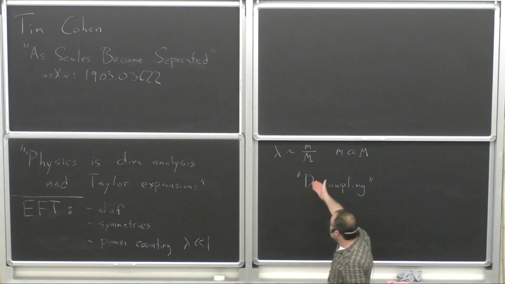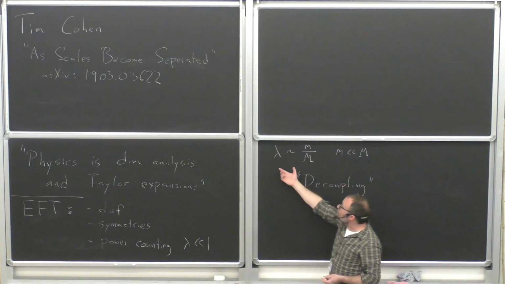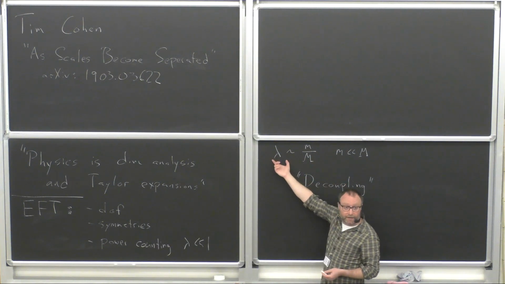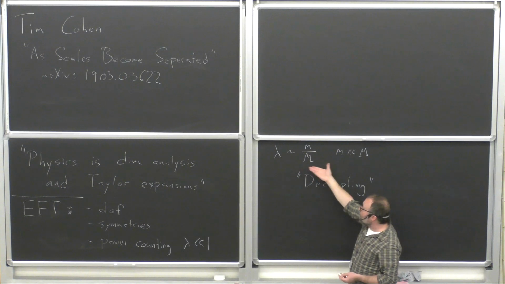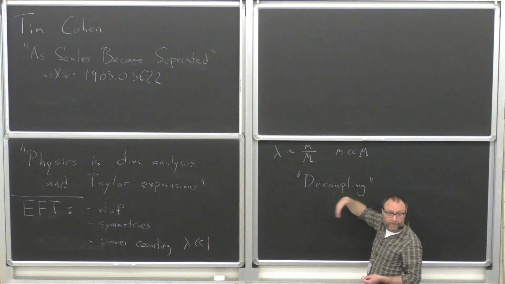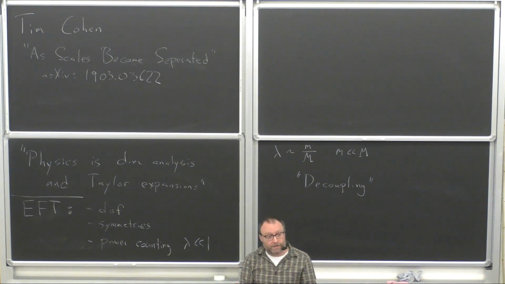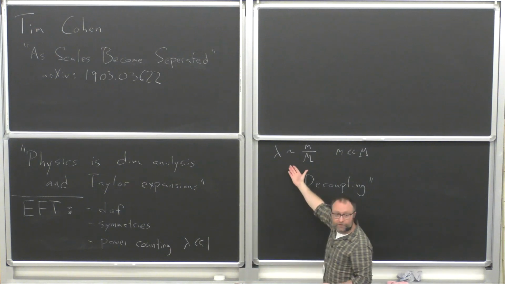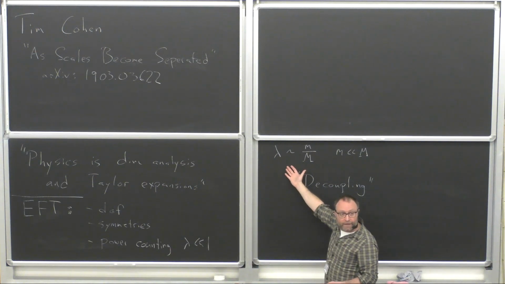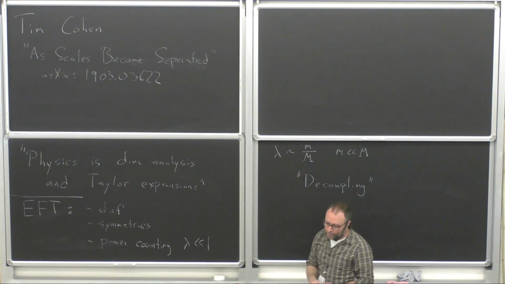You'll see that manifest in terms of a power counting. It's more complicated, not just some universal scaling of momentum, but in fact has directionality. Nonetheless, all of the tools we're going to set up hold as long as you can figure out the right way to organize the Taylor expansion.